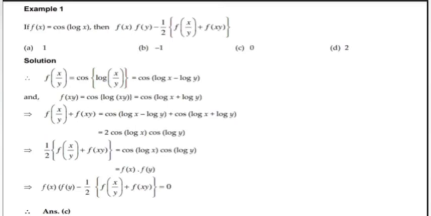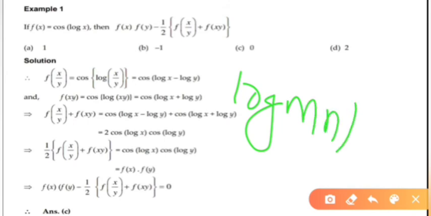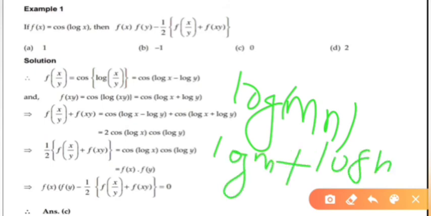Here also, log mn can be written as log m plus log n, right? Here also log xy can be written as log x plus log y. Now add this and this.